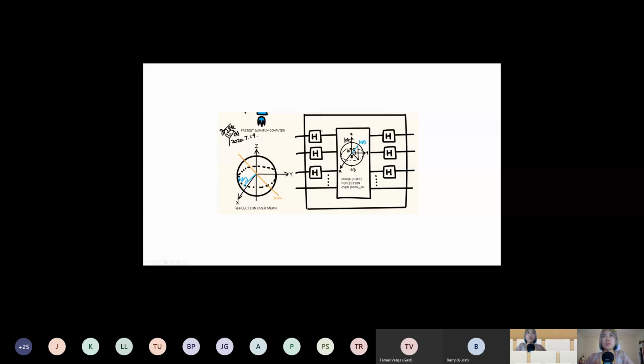Now, if you apply this, when we have just one qubit, just one H gate on both sides, eventually your state is going to end up here. And that is a flip over its mean value. This is just looking at one qubit. So anything that is flipping around the z-axis or flipping around the 0 state, plus 2 H gates on both sides, will allow you to flip around the mean eventually.